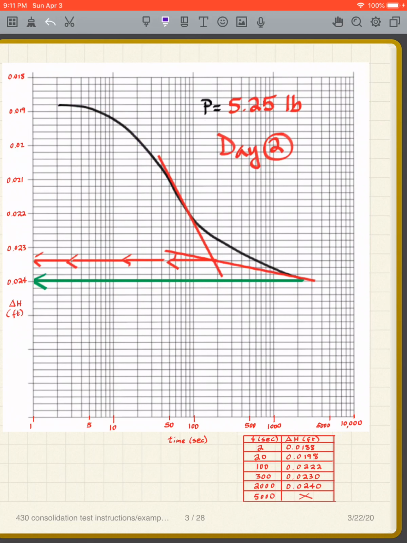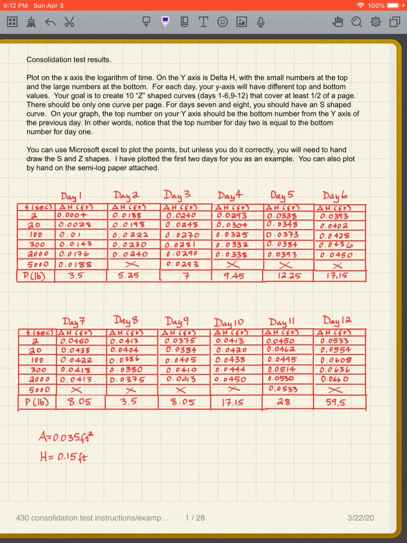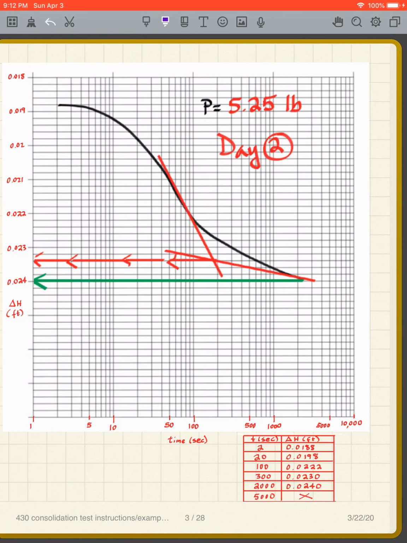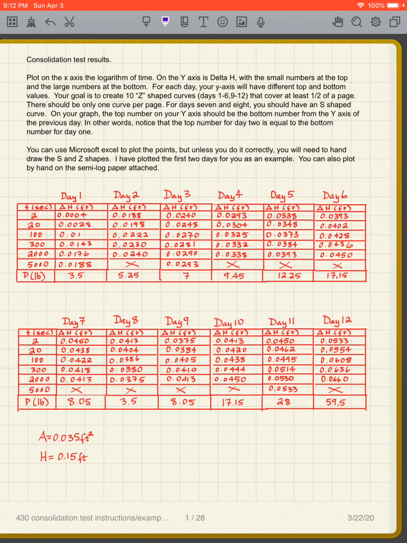Once we've done that, the point that we're going to be most interested in for the first part of developing this data is the last point. So we're going to be interested in the 0.0188. We're going to be interested in the 0.024, and of course we're going to be interested in the load.